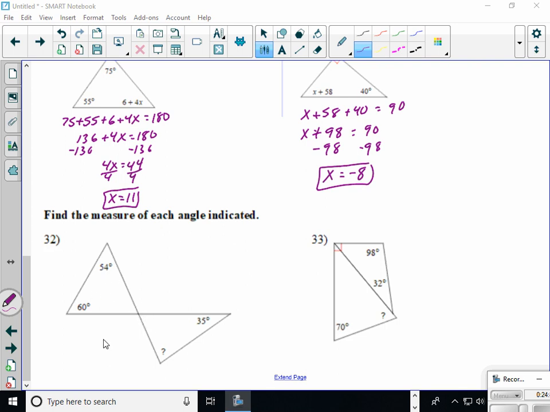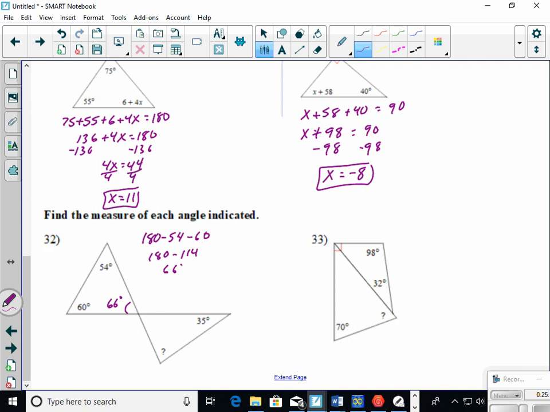So we know that 54 plus 60 plus that angle has to equal 180, or 180 subtract 54 and 60, which would be 180 minus 114, which would be 66 degrees there.